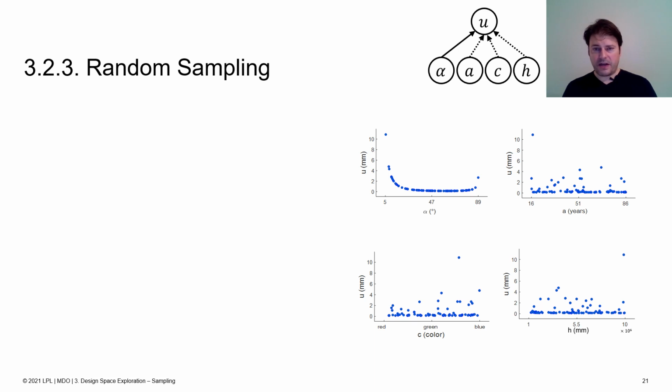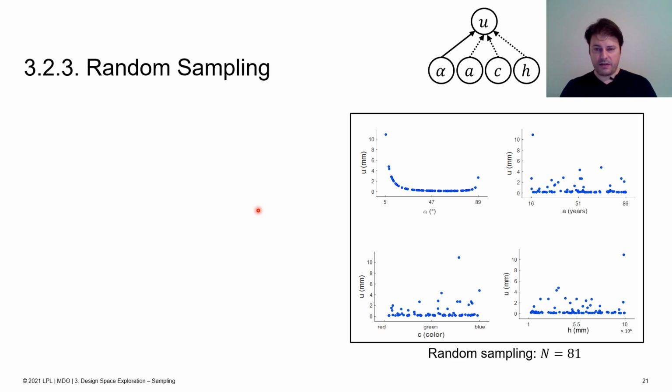But we can look at the scatter plots. And now what you can tell is how even in that high dimensional setting, you can very well extract the dependency of U on alpha.